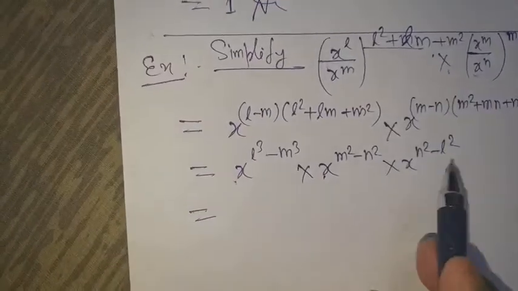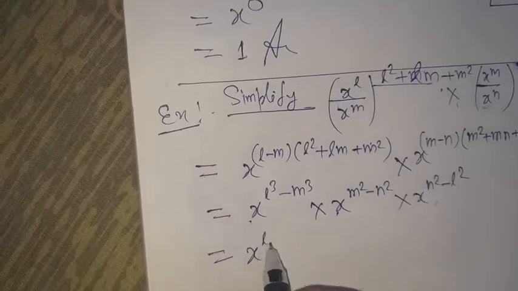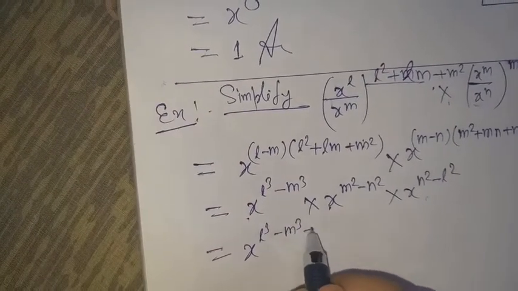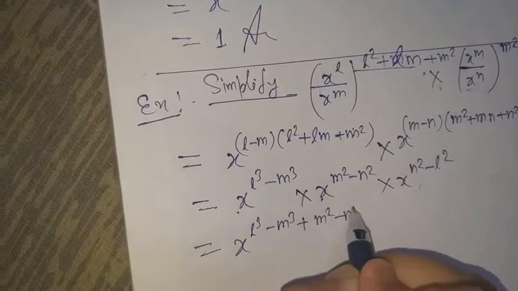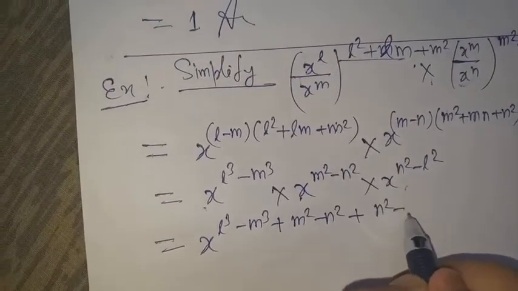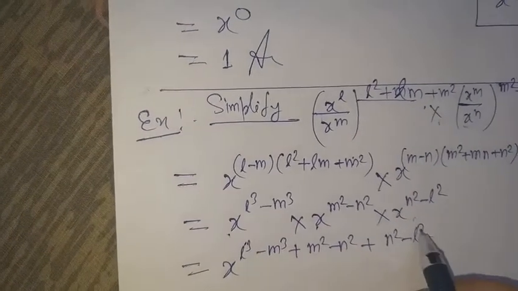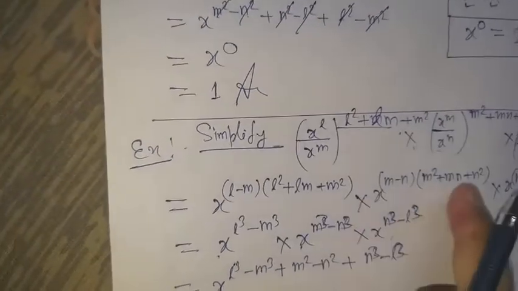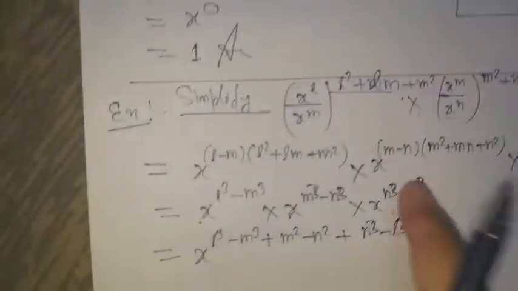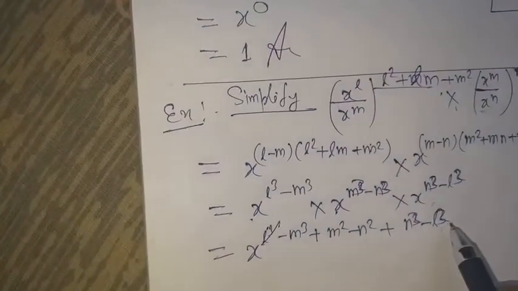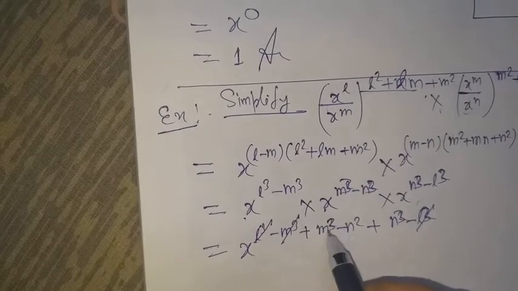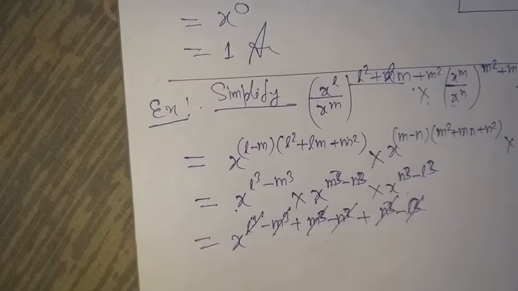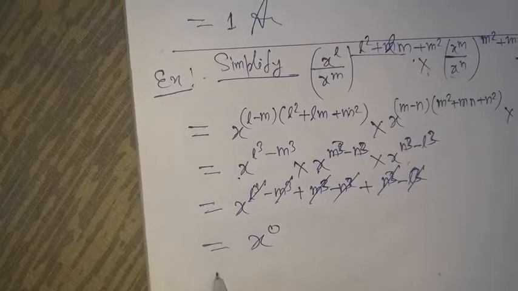Here the base is x, so the powers will be added: x to the power l cube minus m cube plus m cube minus n cube plus n cube minus l cube. Sorry, all are cubes, because this is the formula a cube minus b cube. So l cube cancels l cube, m cube cancels m cube, n cube cancels n cube. So this becomes x to the power 0, which again is 1. So this type of simplification may come.